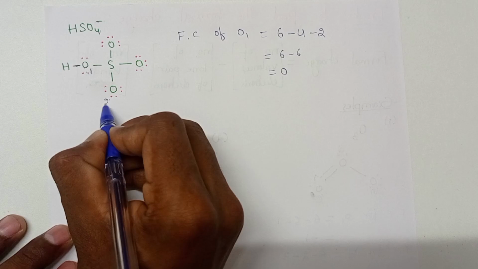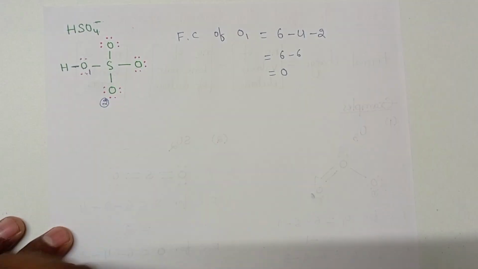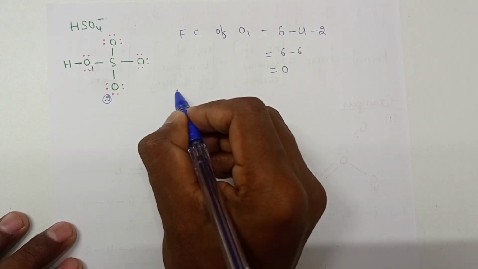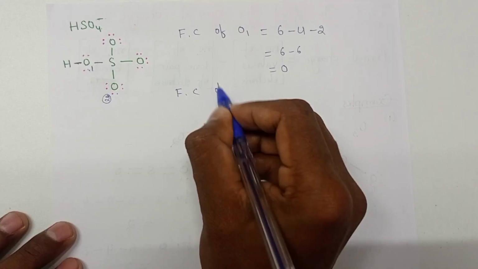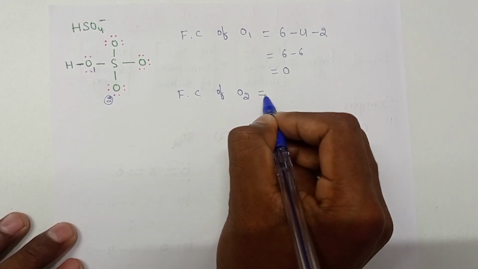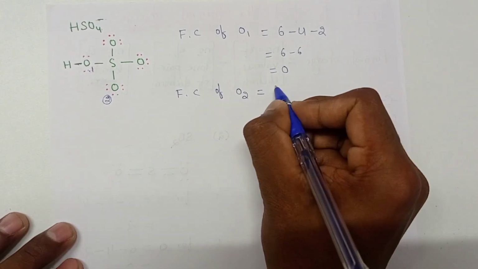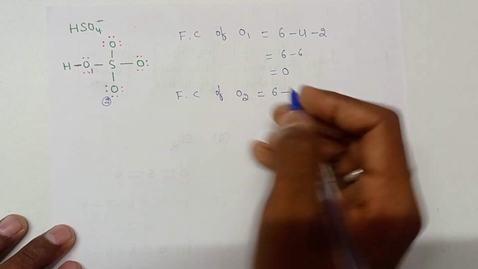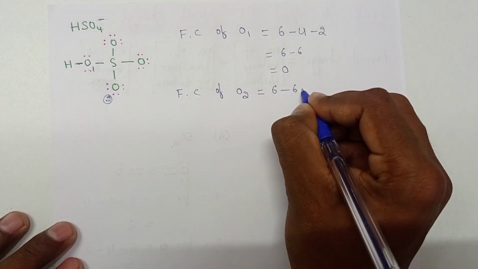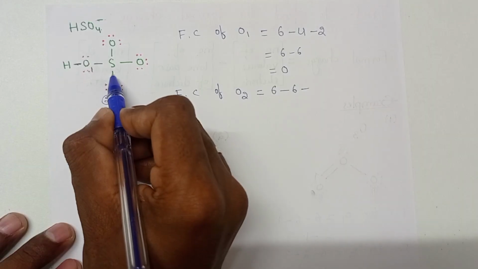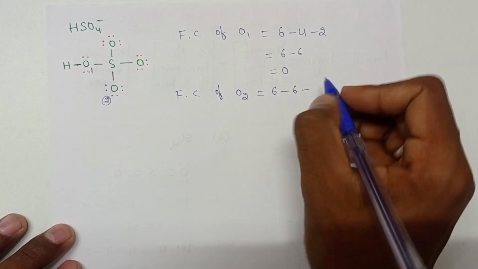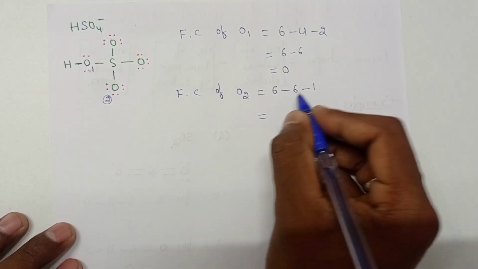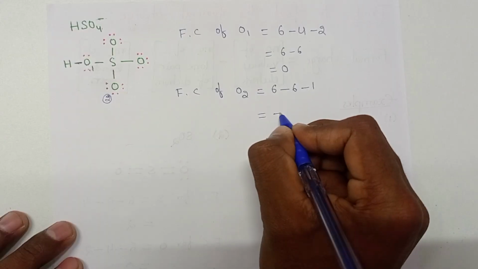Similarly, I will go with the second oxygen, this oxygen. The formal charge of oxygen 2 is the valence electrons of oxygen, 6, minus number of lone pairs, how many? 6, I will write it as it is, then minus number of bonds, how much? That is 1. Therefore 6 minus 6 minus 1 is equal to minus 1.